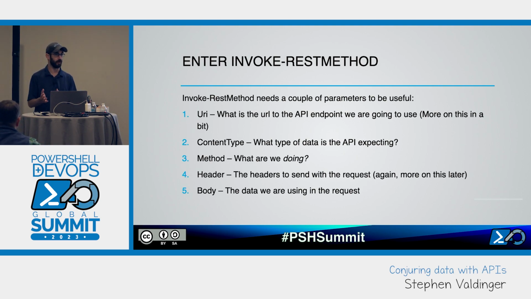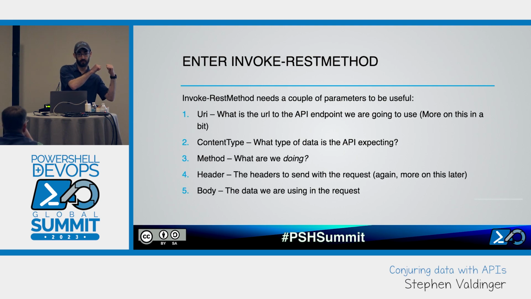But you might have other content types depending on what you're doing. If you're going to upload a file, for example, that content type is probably going to be multipart form data, or it might be an image, or it might be plain text. But thankfully, when we look at a Swagger doc, the Swagger doc is going to tell you what the content type for the method is. So you'll have all the information at your fingertips.